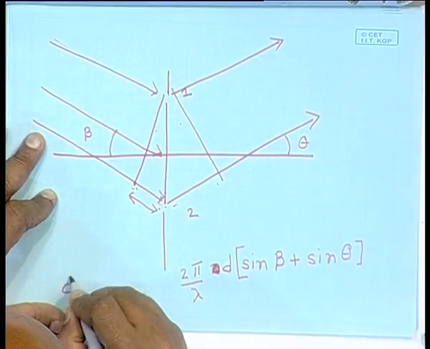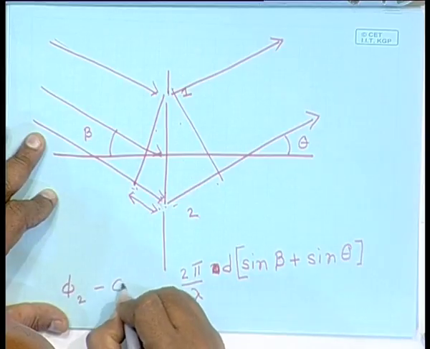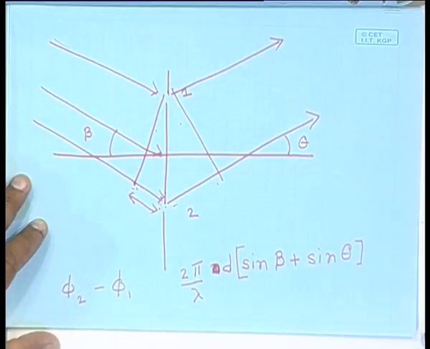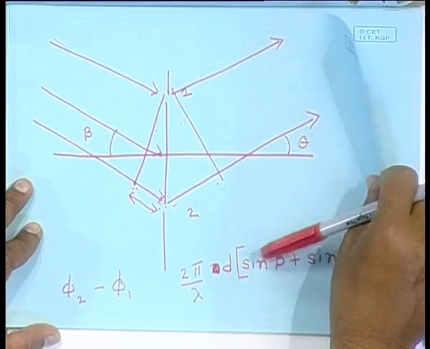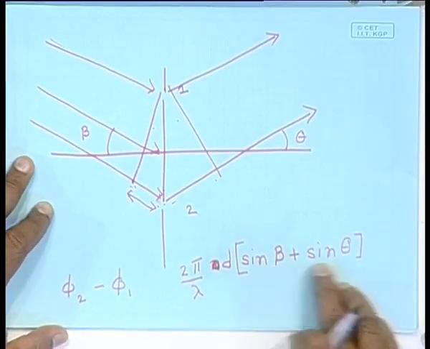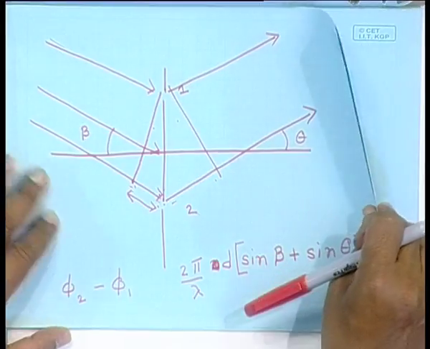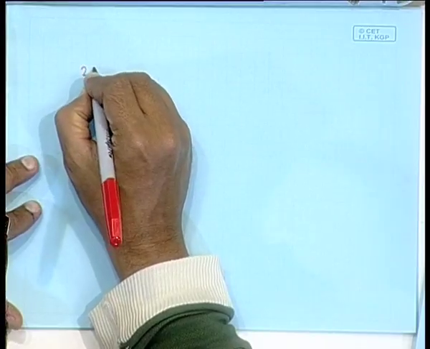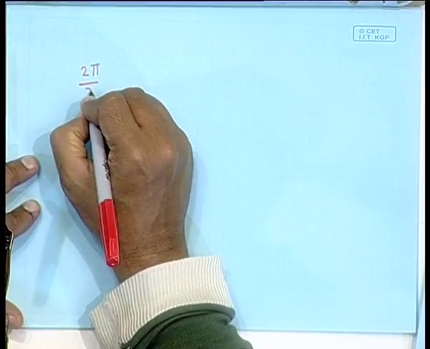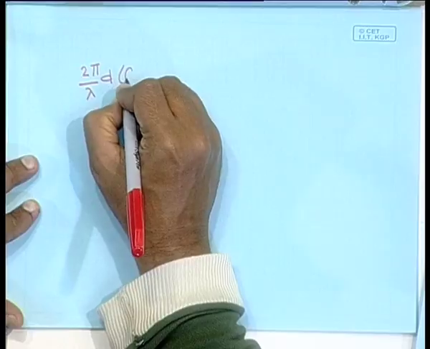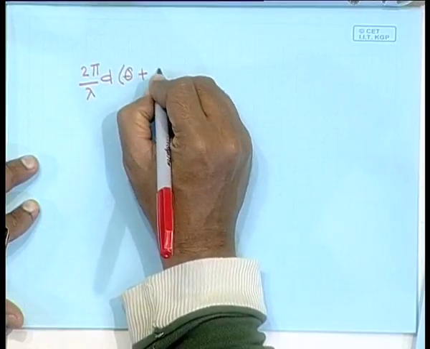So, this gives us phi 2 minus phi 1, and for small values of theta and beta, the phase difference is 2 pi by lambda d theta plus beta.